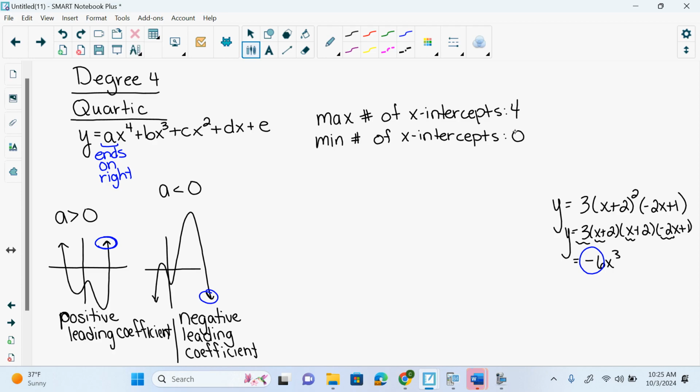Never touch the x-axis. You have a crazy W completely above the x-axis, right? And then the varying levels I could have is 0 all the way to 4. So I could have 0, 1, 2, 3, 4. Like this one over here has 2. This one has 4. Like I could have all the varying levels in between, right?